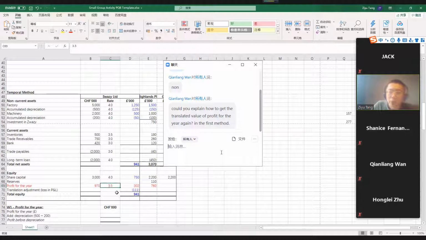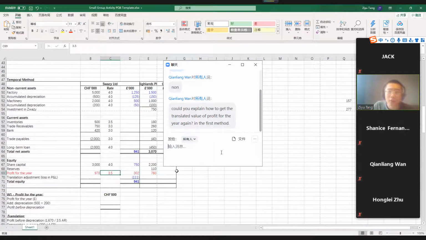Profit for the year is calculated by the revenue deducting the depreciation and many other items. And if we use 3.5 to calculate the profit for the year, that means we also use 3.5 to calculate the accumulated depreciation. That will make our balance sheet unbalanced. Therefore, we need to make an adjustment.